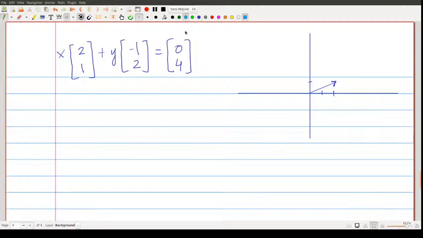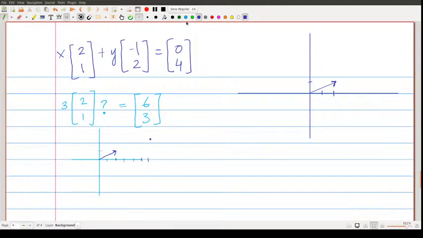Okay, let's think about what happens when I multiply 2, 1 by, let's suppose, 3. 3 times 2, 1 means the vector becomes 3 times 2, which is 6, and 3 times 1, which is 3. So if I draw this vector, notice that the first vector was 2, 1, and if I draw 6, 3, 1, 2, 3, 4, 5, 6, and then 3, it will be somewhere over here.